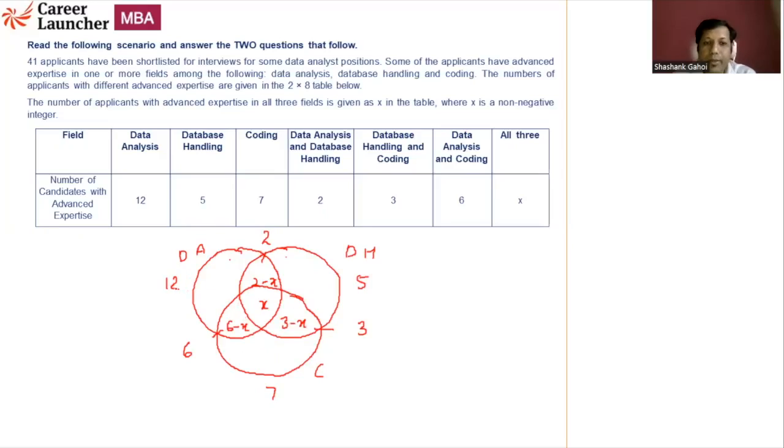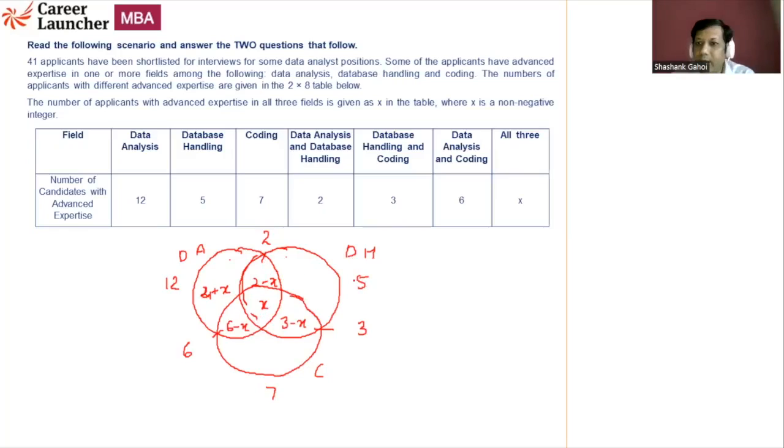Now out of 12, this total value is 2. So remaining comes out to be 8. And from 8, if we subtract 6 minus X, we are going to get, oh sorry, it comes out to be 4 plus X. So 12 minus 2 is 10. 10 minus 6 minus X, that comes out to be 4 plus X. Out of 5, this is 2.